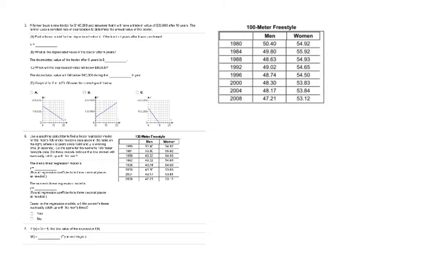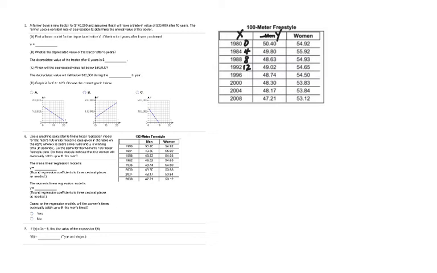We'll include another table here, and I'm going to write in the value of X for the years and the value of Y for the column for men. X is represented by the years since 1980. So if the year is 1980, the years since 1980 would be 0. For 1984, 4. 1988, 8, and so on.